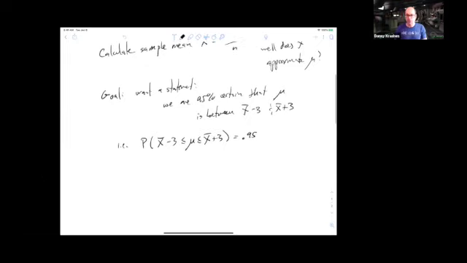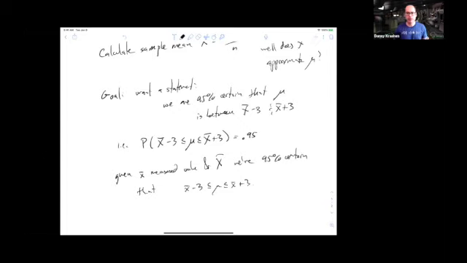The interpretation is that if we actually measure and get some value, little x bar, for the sample mean, then we're 95% certain that x bar minus 3 is less than or equal to mu is less than or equal to x bar plus 3. That's the human interpretation of that statement.